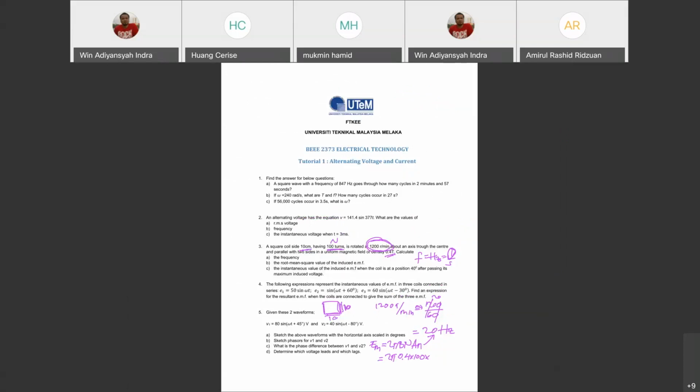Correct? Area, 100 centimeter square. But then remember the unit: you have to follow the international standard, which is meters. So convert this into meter square.